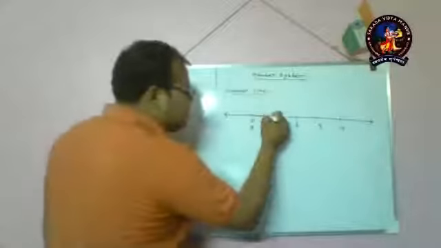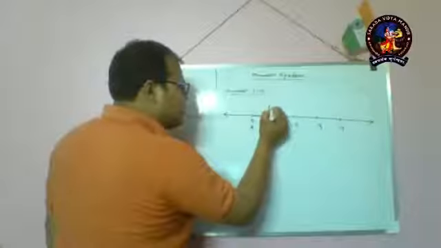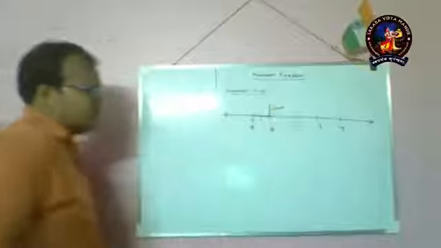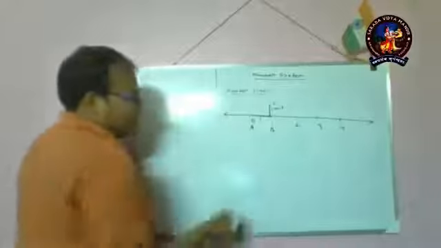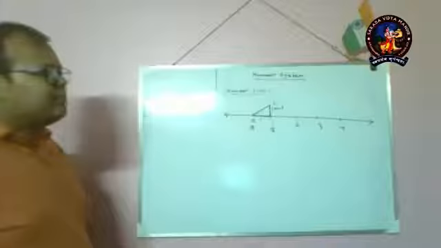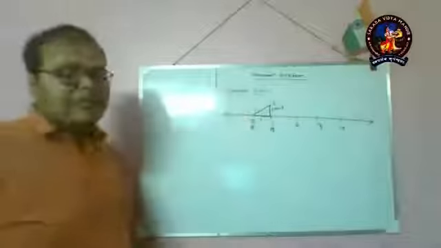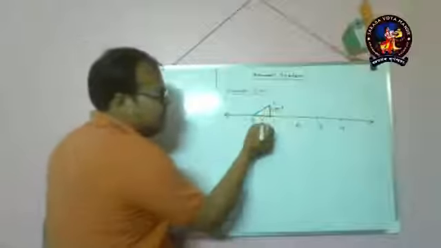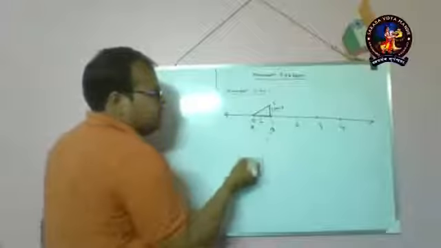Okay, and at the point B we have drawn a perpendicular of length 1 unit once again, and we have given the point as C. Now if I join A and C, then ABC will be a right angle triangle where the right angle is the angle B and AC is the hypotenuse. Now height is 1 unit, base is also 1 unit. So what will be the hypotenuse?